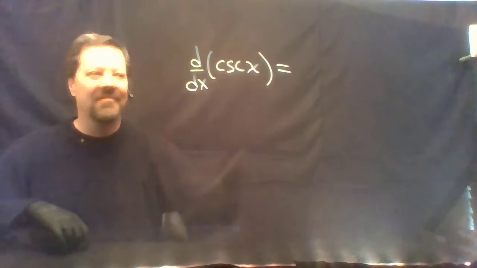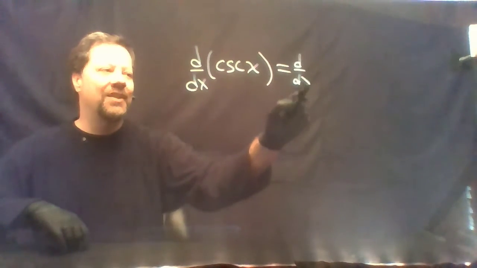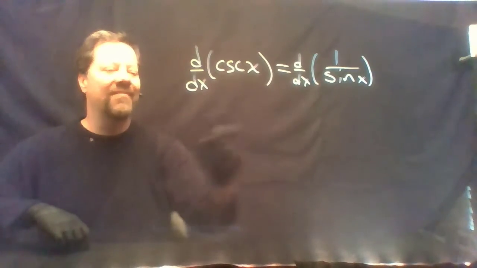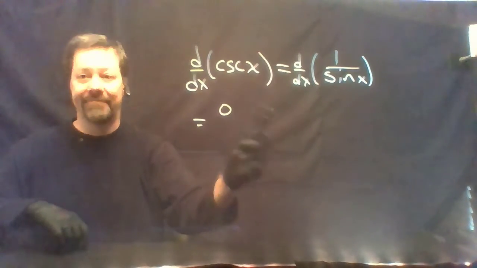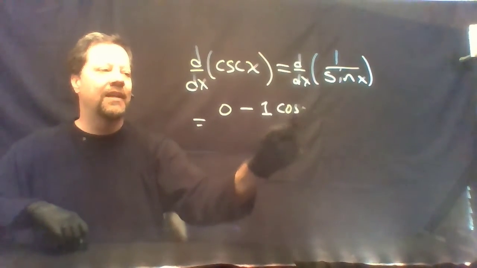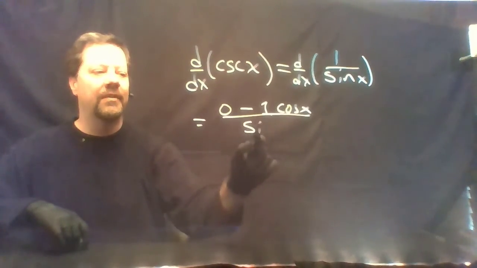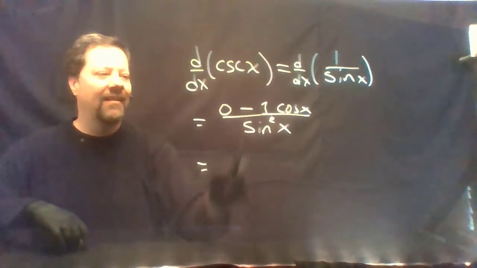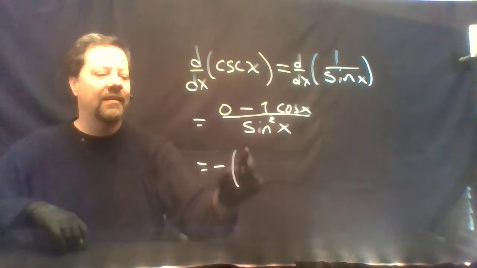Cosecant. Of course, the ratio identity is 1 over sine x, derivative of the top times the bottom, minus the top times the derivative of the bottom over the bottom squared. We have a minus.